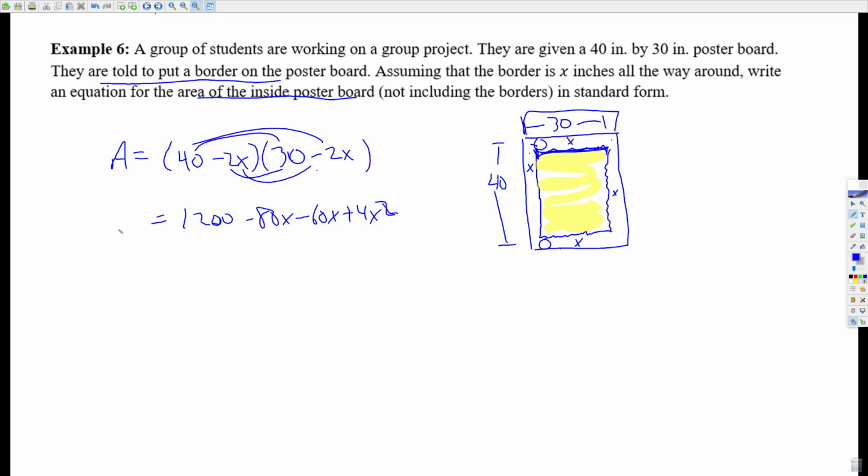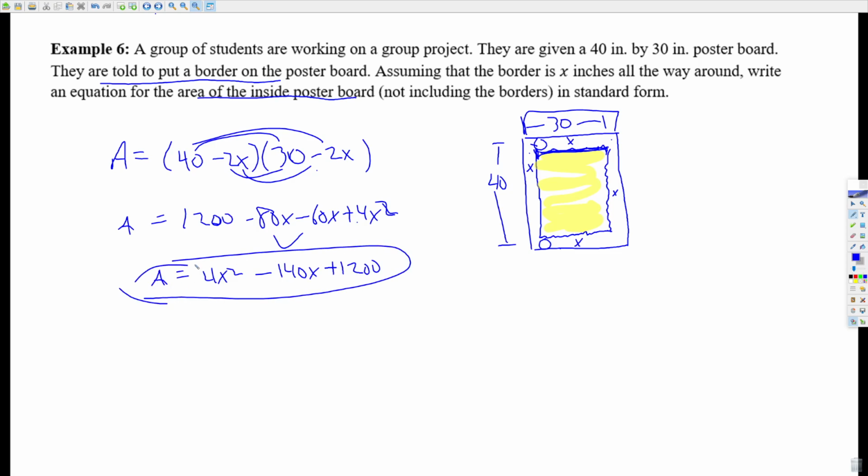And all we have to do is combine like terms and put it in standard form. So we combine those two and make it a double negative. So it's negative 140x. This will come out front, 4x squared. And at the end, we'll have 1200. And that would be our area in standard form: 4x squared minus 140x plus 1200.